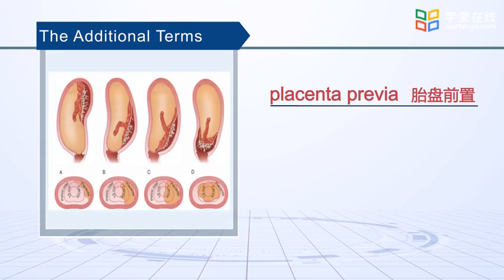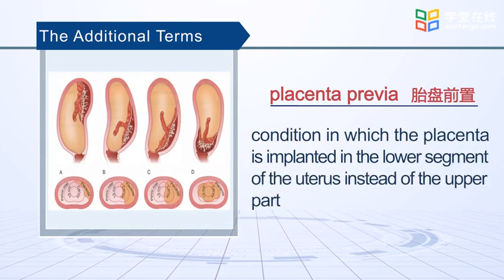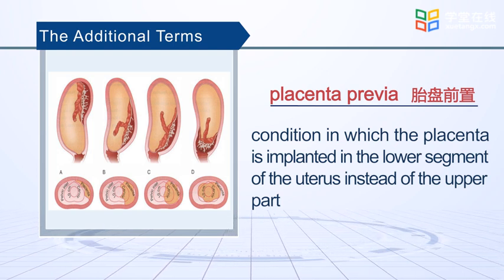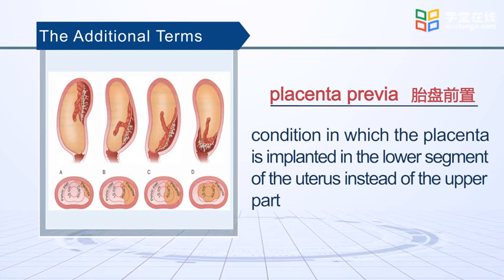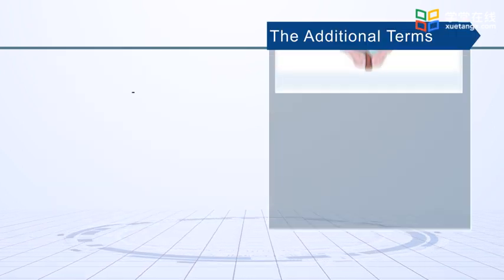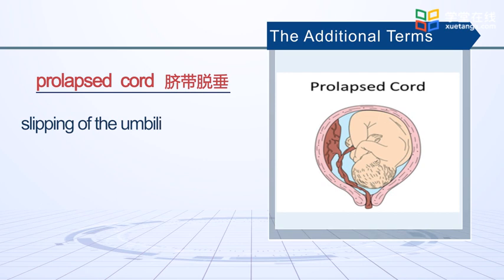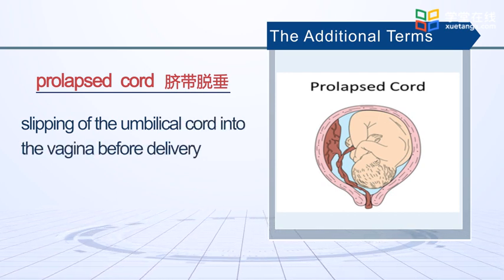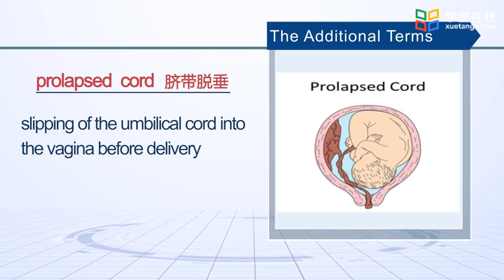Placenta previa. It is a condition in which the placenta is implanted in the lower segment of the uterus instead of the upper part. Prolapsed cord. It is the slipping of the umbilical cord into the vagina before delivery.